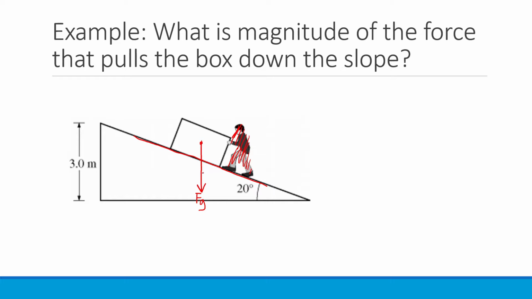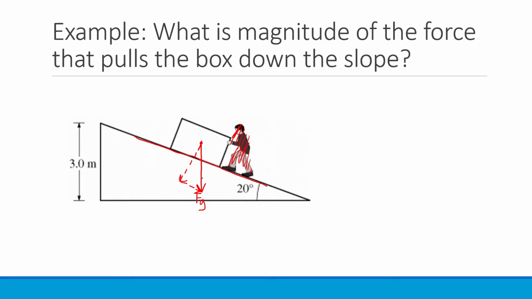Normally we would break down our vectors into x and y components, but since gravity always points down, it doesn't make sense for this. So instead, we're going to break this force of gravity down into a component that compresses against the surface, like this, and then a component that slides down the hill like this. Okay, so that's what the force of gravity will break down into.